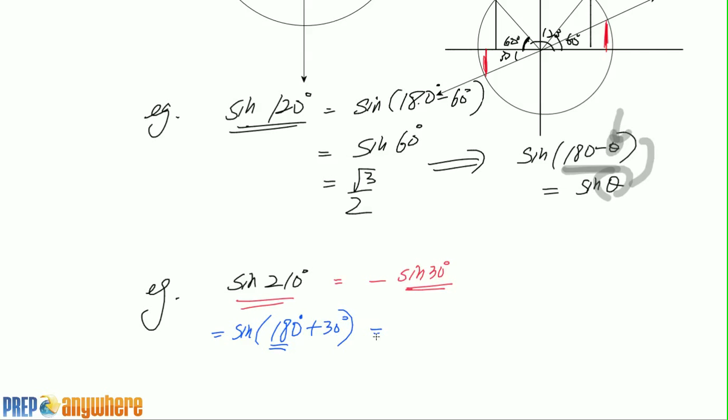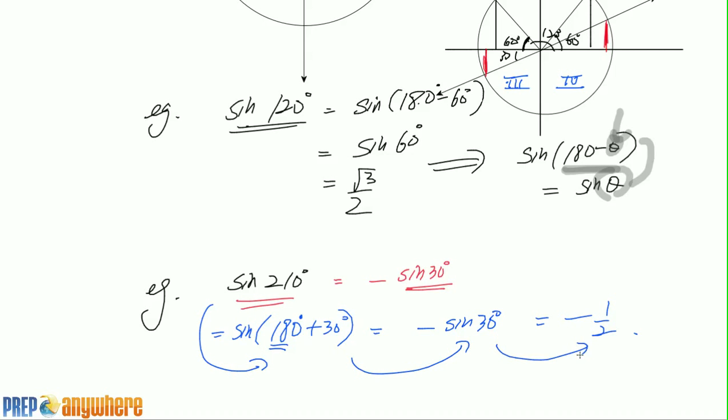Because it's in the third quadrant, it's below the x-axis. The third and the fourth are below the x-axis. I know it's going to equal sine of 30, but it has to be negative. That's the reasoning. So it's minus half. This is how you show the steps on a test.